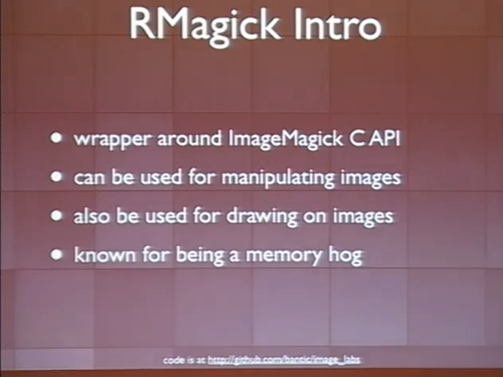But the important part for the purposes of this talk is that it gives you a couple different ways to actually get the pixels out of the image, and you can then do interesting stuff with them and import the resulting changes to the pixels back in there. So you get the ability to work with the raw pixel data. You can also use it to draw in images, which we'll touch on a little bit for some annotation stuff.